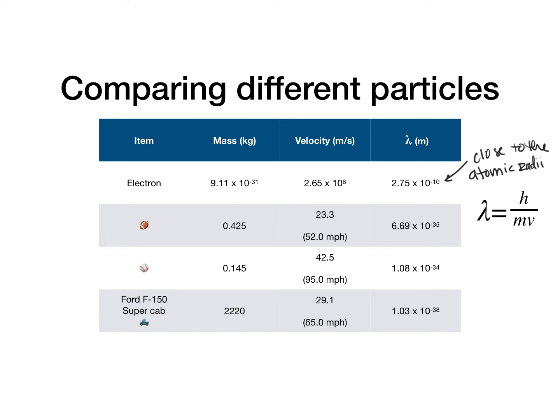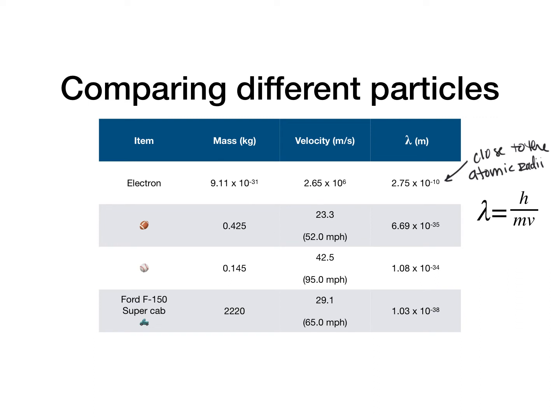However, if we look at a football, the standard NFL football is 0.425 kilograms. Drew Brees, a classic quarterback, was clocked at throwing a football at 52 miles an hour, which is 23.3 meters per second. And it has a wavelength of 6.69 times 10 to the negative 35th meters.